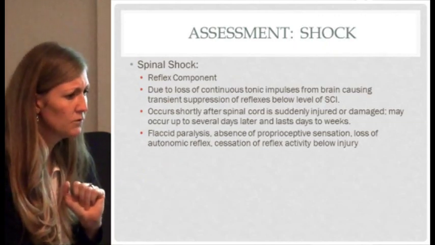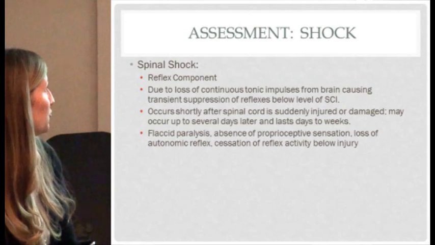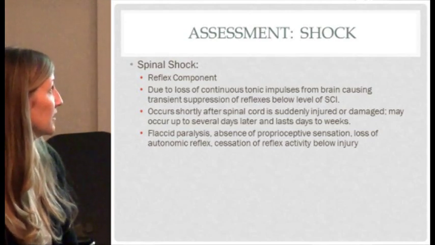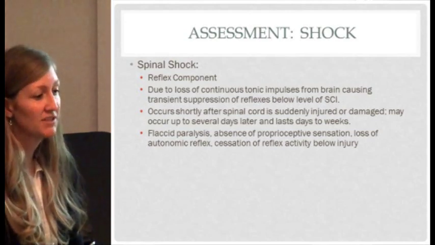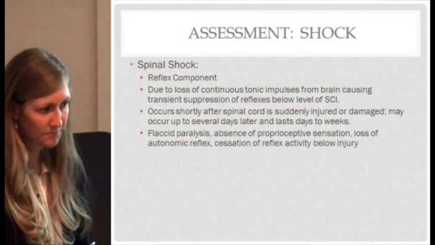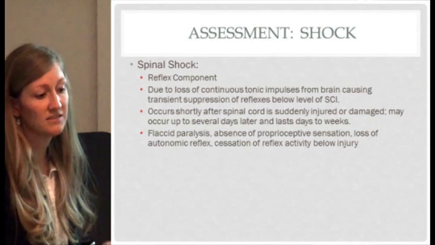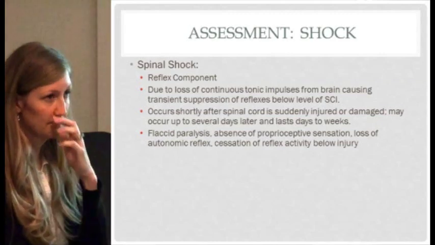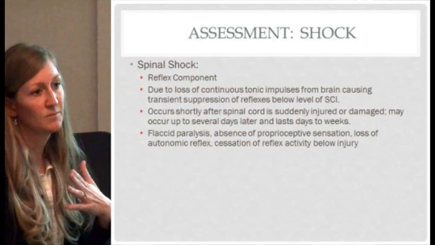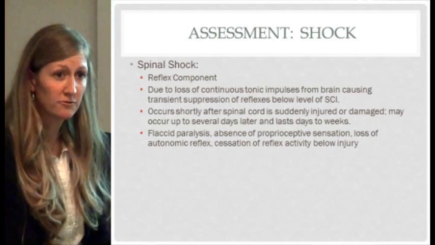Okay. So spinal shock. This is a reflexive component, and it's usually due to the loss of continuous tonic impulses from the brain, causing transient suppression of reflexes below the level of the injury. This usually occurs shortly after the spinal cord is injured or damaged. So if someone has a spinal cord concussion, they may end up with spinal shock as well.